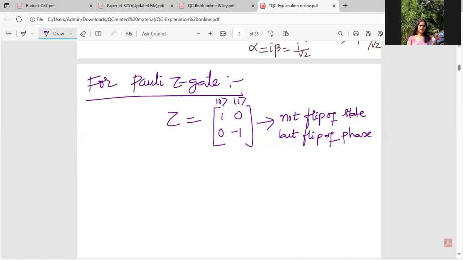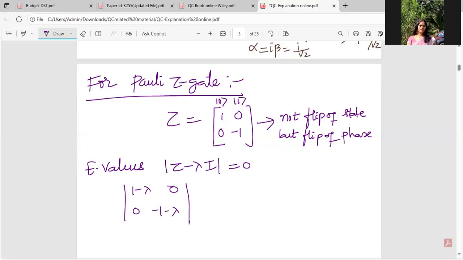How do I find eigenvalues? Again, the same thing. I'll be using the det of Z minus lambda I equal to 0 format. So I'll have the matrix 1 minus lambda, 0, 0, minus 1 minus lambda, with determinant equal to 0. So what are the eigenvalues? Just see, 1 minus lambda.